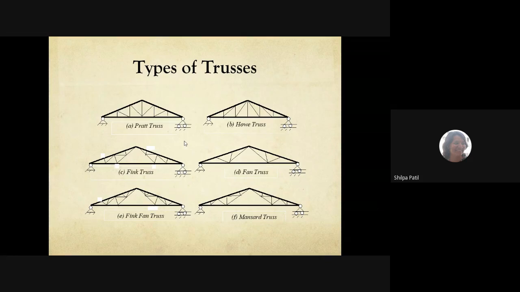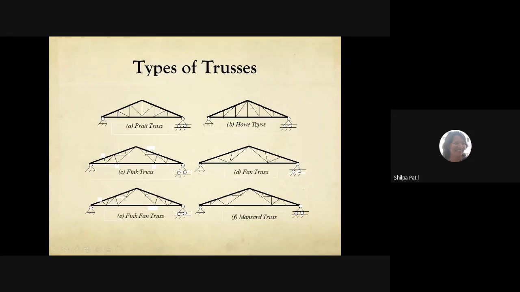Okay, these are the common terminology. So when I call a word strut, you have to understand that there is a compressive force. When we use the word tie member, you have to understand that it carries a tensile force. Okay, these are the common terms which are used in design of steel structures.